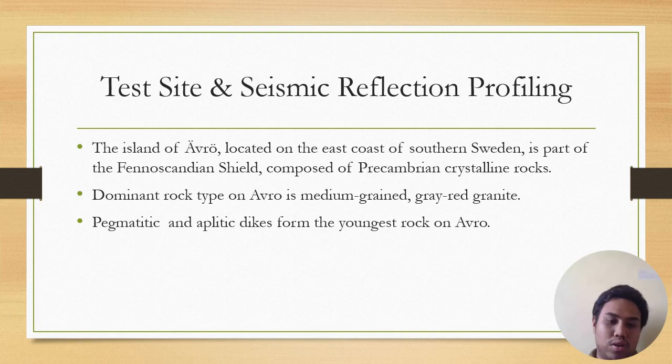The dominant rock type on Avro is medium-grained grey-red granite, with many types of pegmatitic and aplite dikes, which are the youngest rocks on Avro.